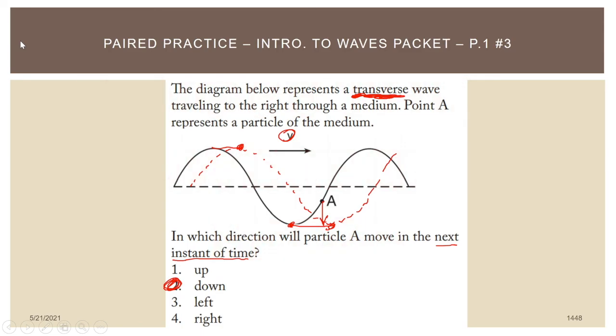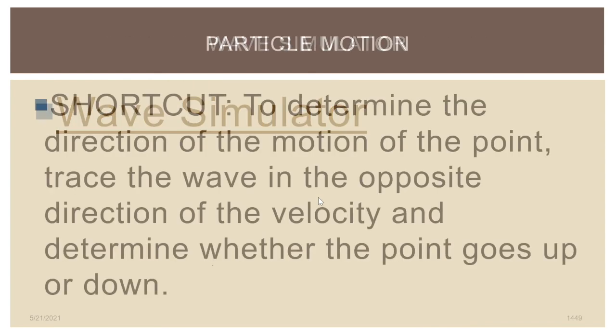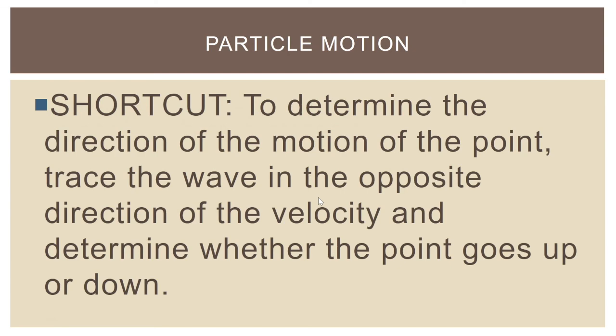So because a trough is approaching this point, and that trough is going to be where that point is located in the next instant of time, that particle is going to go down. Write this down under the heading particle motion, shortcut. To determine the direction of motion of the point, trace the wave in the opposite direction of the velocity and determine whether the point goes up or down.